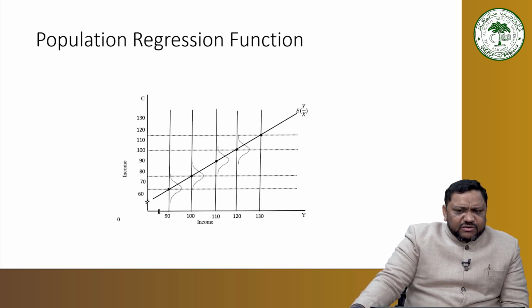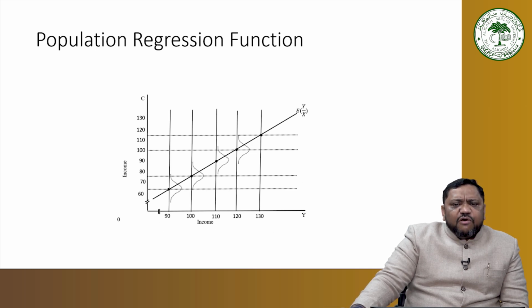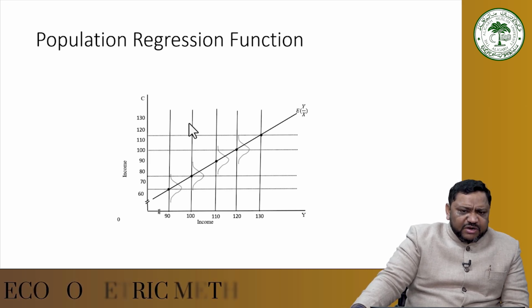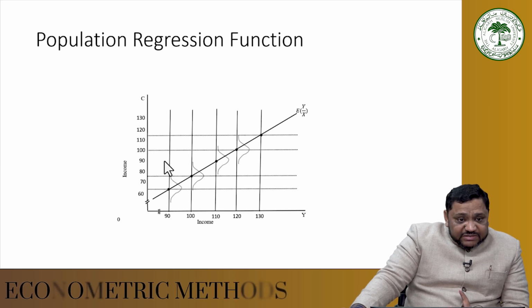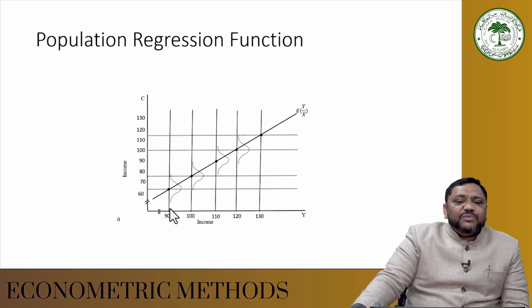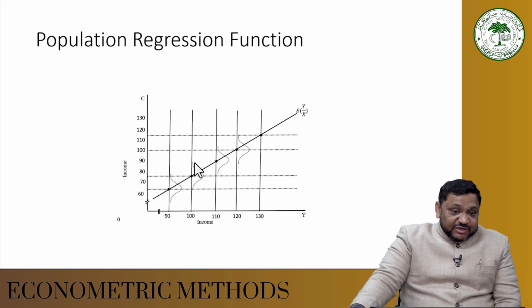From this picture, it is evident that for each monthly income, 90, 100, 110, 120, 130, for each monthly income X, there are many values of monthly consumption expenditure that are spread around the conditional mean values of Y.